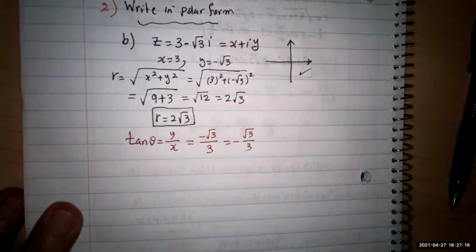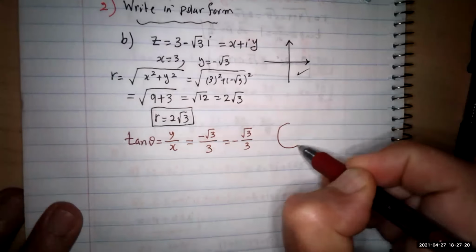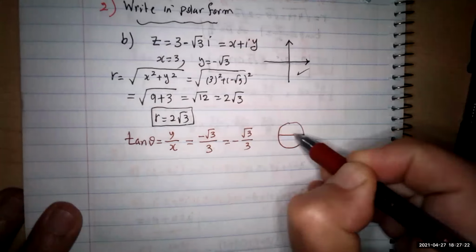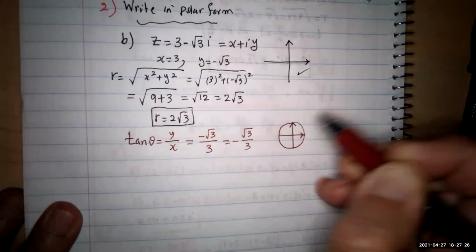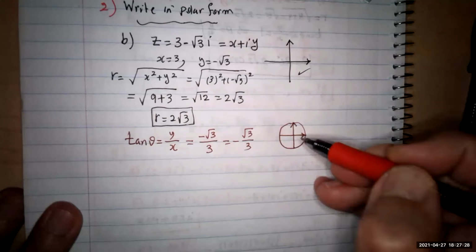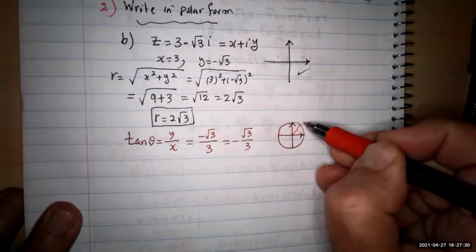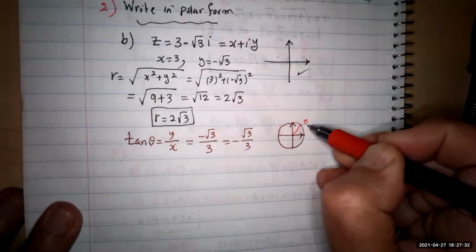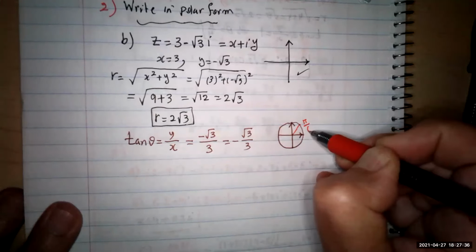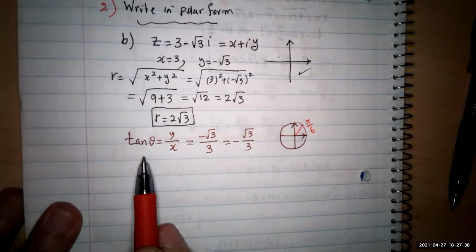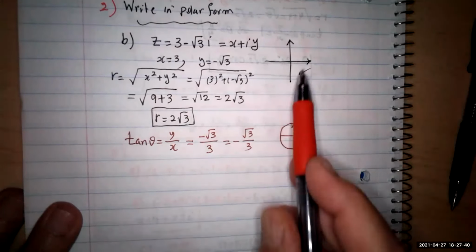So if this is the unit circle, and it happened to be positive, that would be 30 degrees, which is pi over 6. But you want it to be negative, and we already decided that.